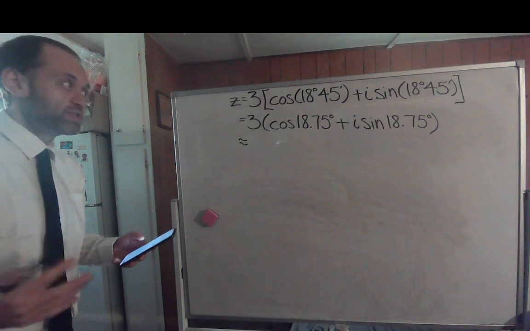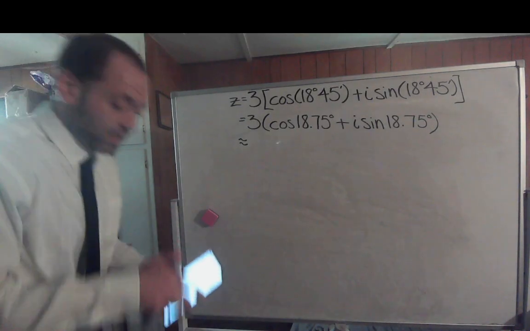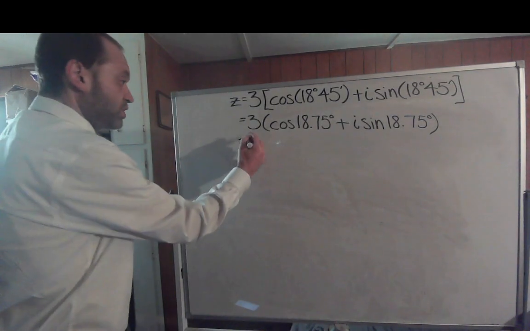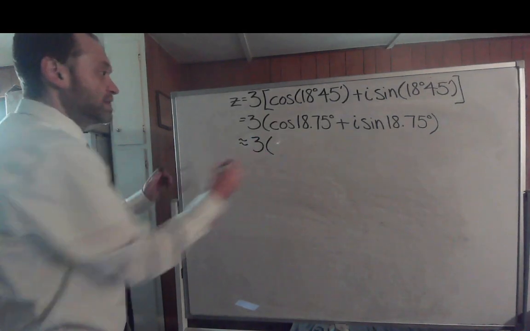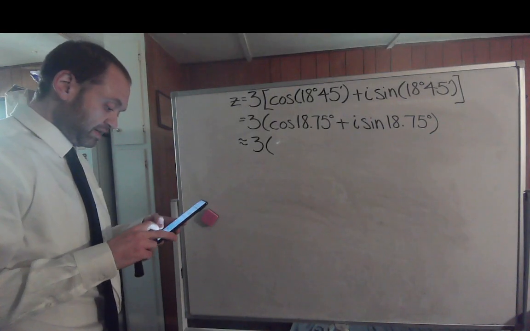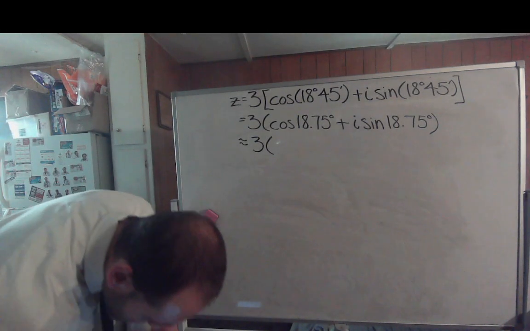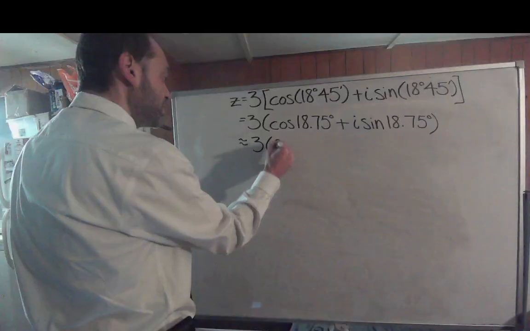That way I get the most accuracy. So, of course we'll have the 3 on the outside, but let's find the cosine of 18.75 degrees. That's approximately 0.9469.